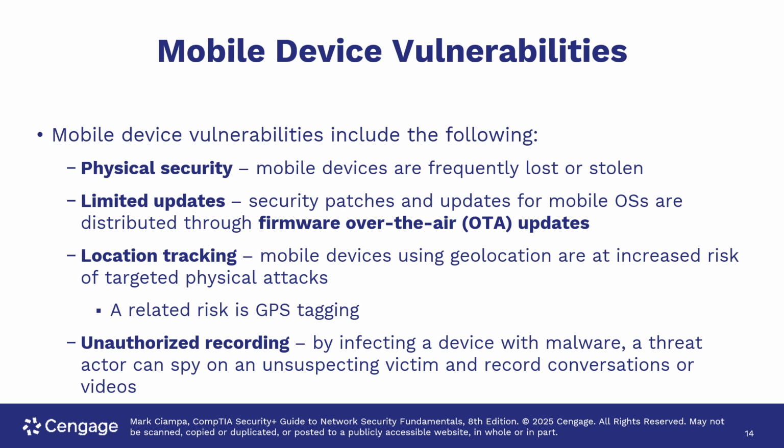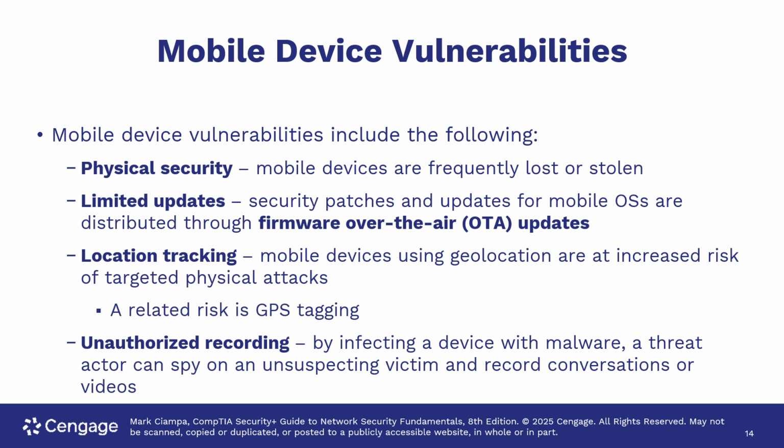The mobile device vulnerabilities include the following: physical security. Mobile devices are frequently lost or stolen. Limited updates. Not everybody updates everything like the system was when we had the computers there. Everybody has to make sure Windows Update or whatever is up to date. Location tracking.